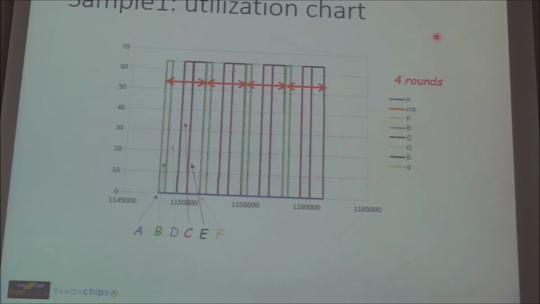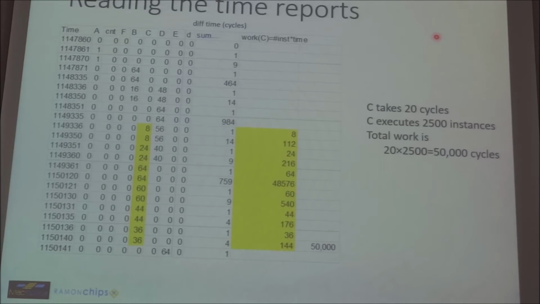Here it is computed in the chart. So work of C is the total number of instances times the time it took. So 8 instances were executed for 14 cycles here, and 8 times 14 is 112 total cycles that were spent on C. And so on and so forth, and I accumulate all of them, and I get 50,000 by the spreadsheet.